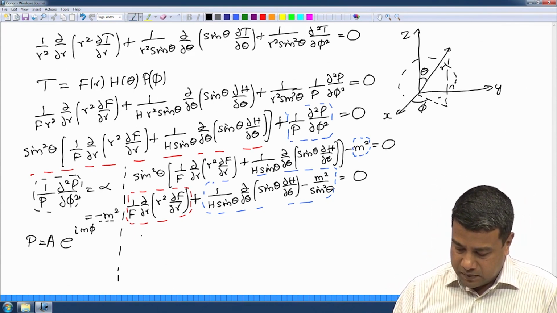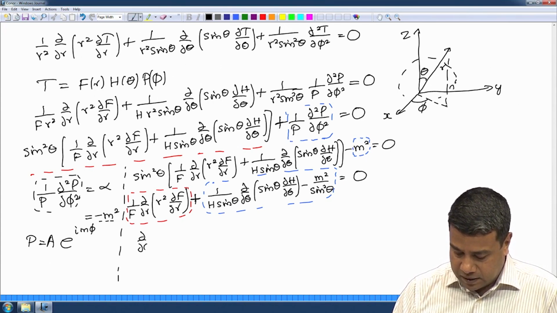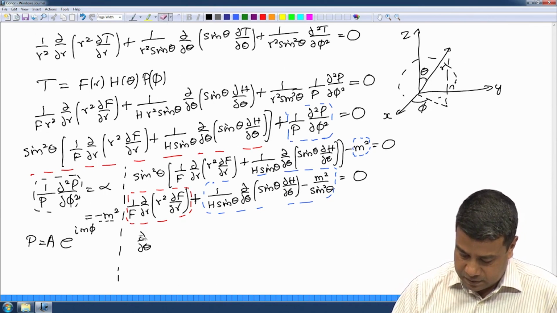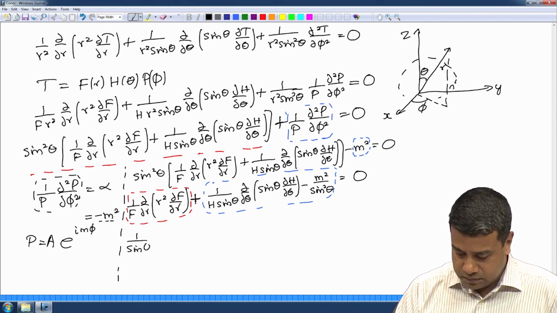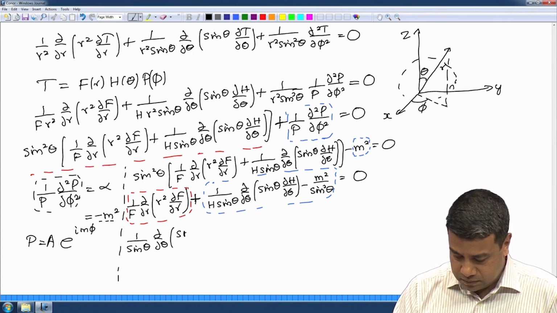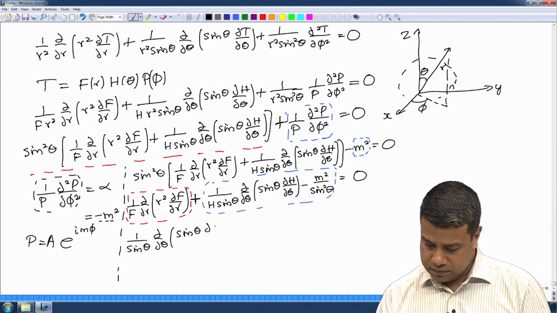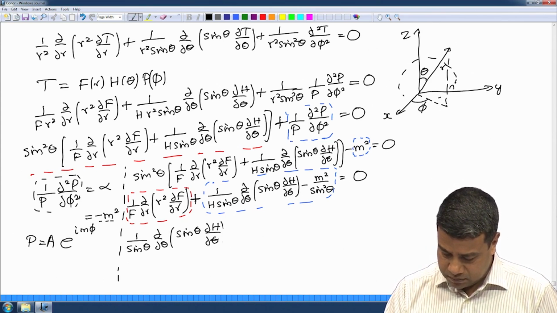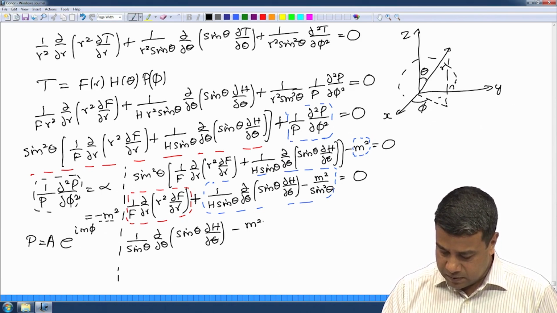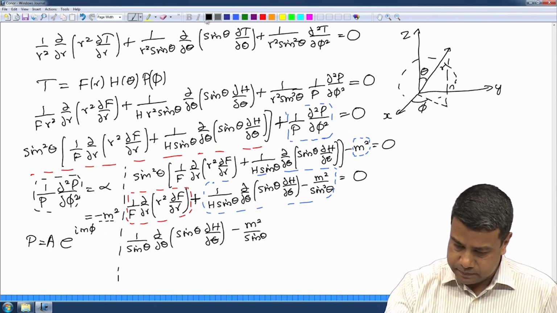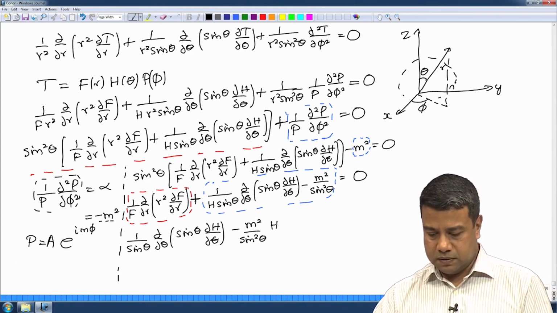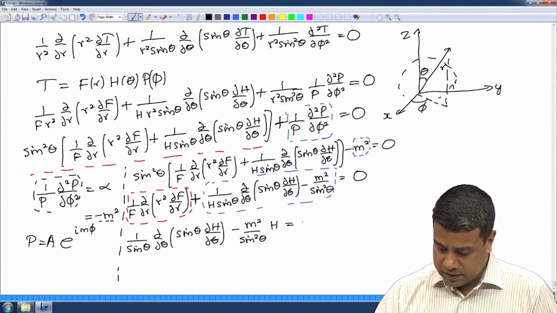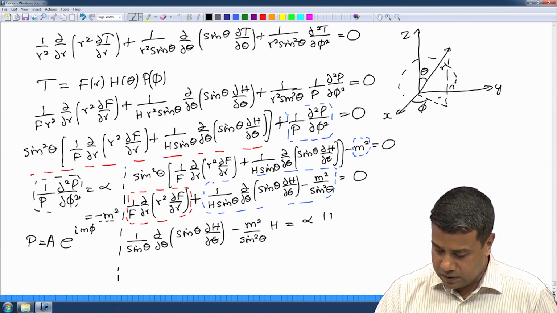The theta equation has the form d by d theta of, minus m square by sin theta into h, is equal to some constant alpha into h.